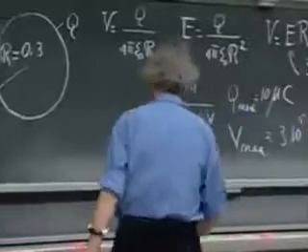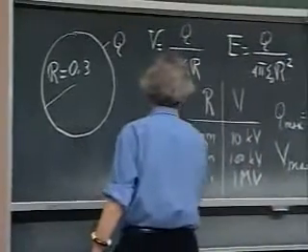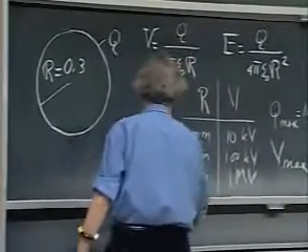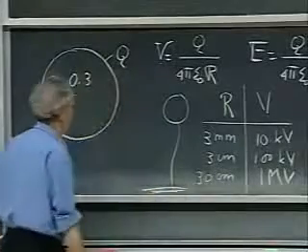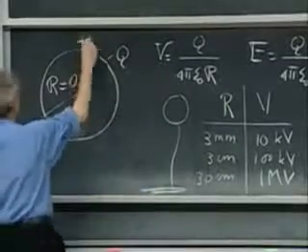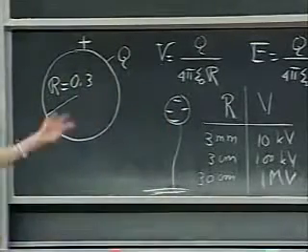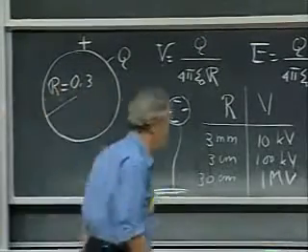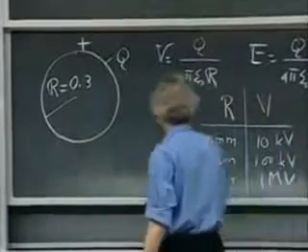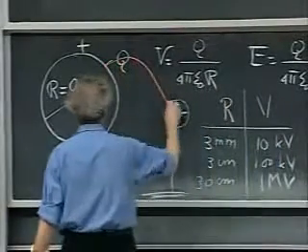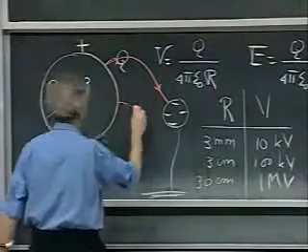If here's my Van de Graaff, and I approach the Van de Graaff with a sphere which is connected to the Earth, and if this Van de Graaff has positive charge on it, then this sphere will become negatively charged through induction, and so you get field lines which go from the Van de Graaff to this object, always perpendicular to the equipotentials.